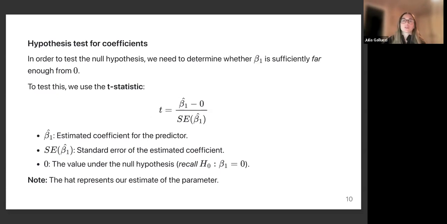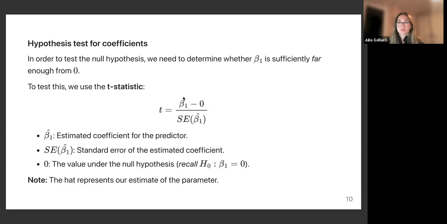And just to orient you with regards to the annotation, you'll notice that there's this little hat on top of the beta 1 coefficient. This just refers to the fact that this is an estimated value for the regression coefficient beta 1. So this hat basically implies that this is estimated based on our data. They're estimated because in statistical modeling, we rarely know the true values of a parameter.